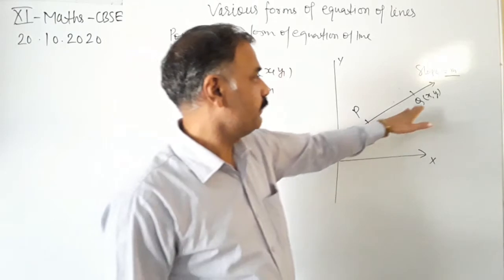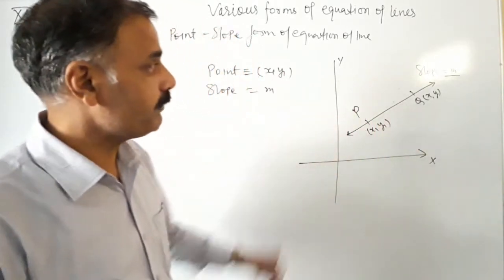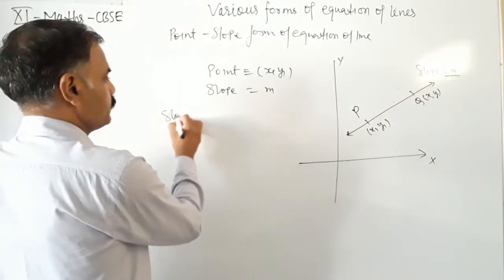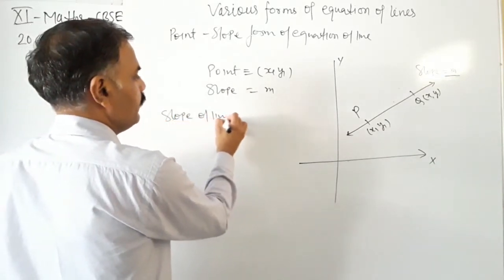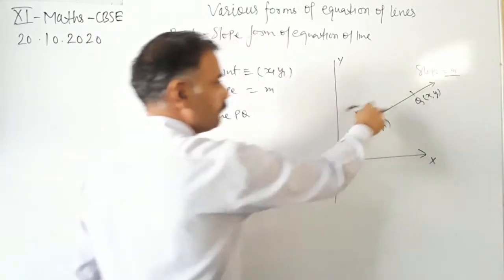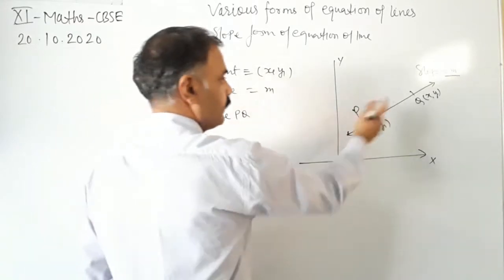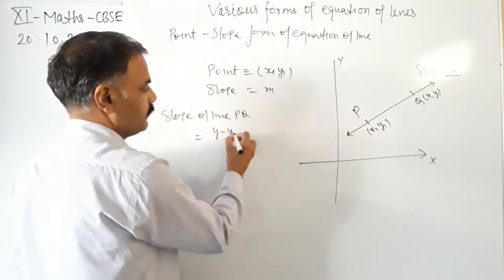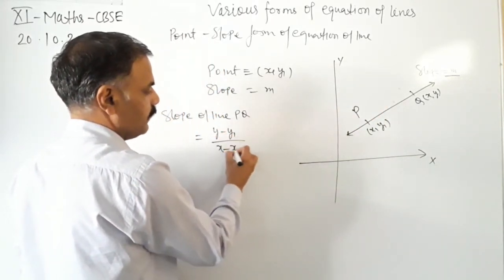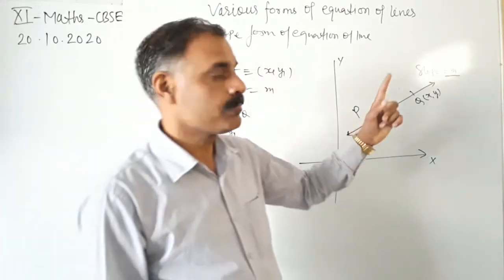So this is the general point and this is the given point x1, y1. Now the slope of line PQ in two-point form, that is P and Q, is y2 minus y1, so y minus y1, upon x2 minus x1, so x minus x1. This is the slope of the line PQ.